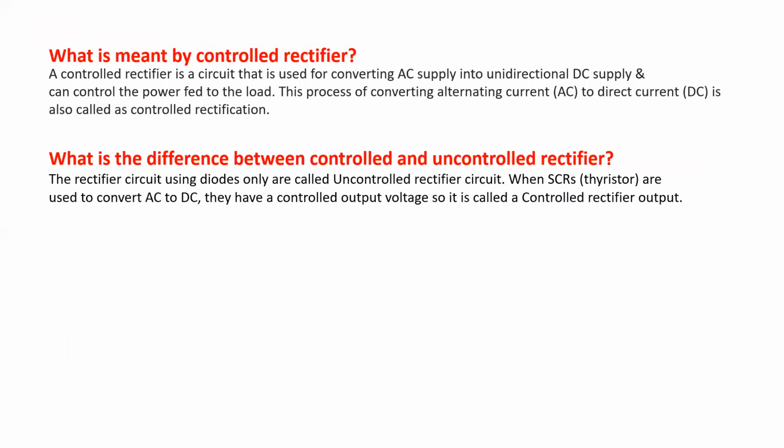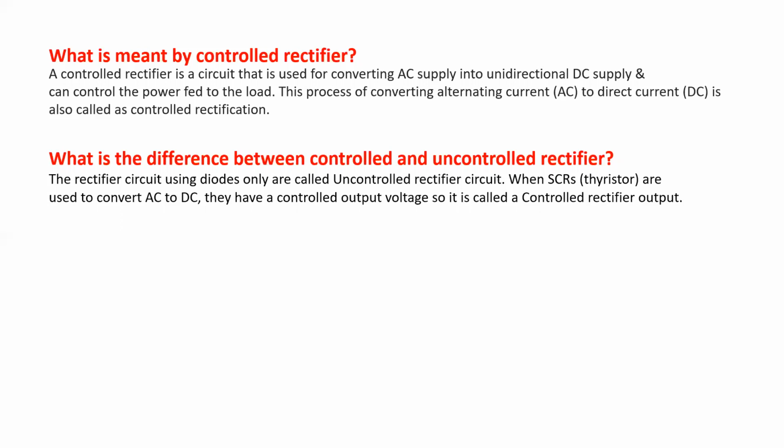Now let us see the concept of a controlled rectifier. A controlled rectifier is a circuit in which SCRs or thyristors are used, and it converts the AC supply into the DC supply, the process of converting alternating current into direct current.